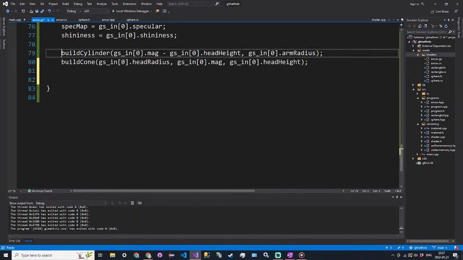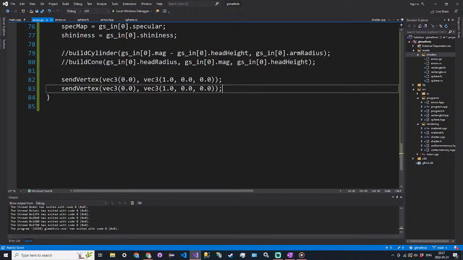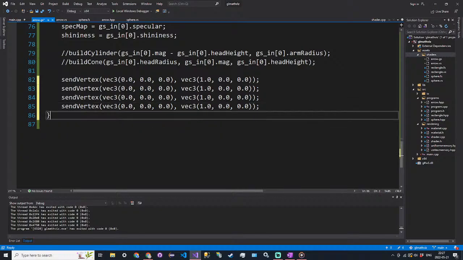We're going to comment out these two, and we're going to send vertex vec3 0.0, and the normal is 1.0. So it'll be in the positive x direction, so this needs to stay there.